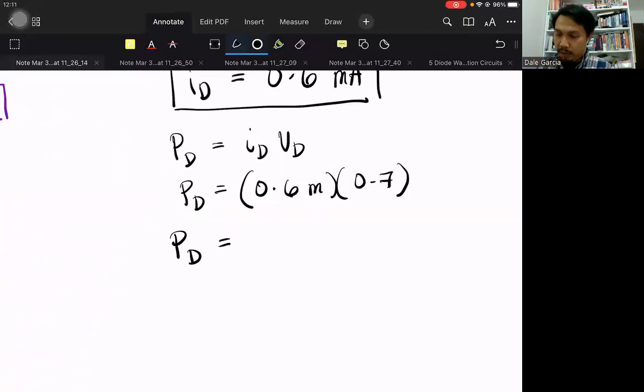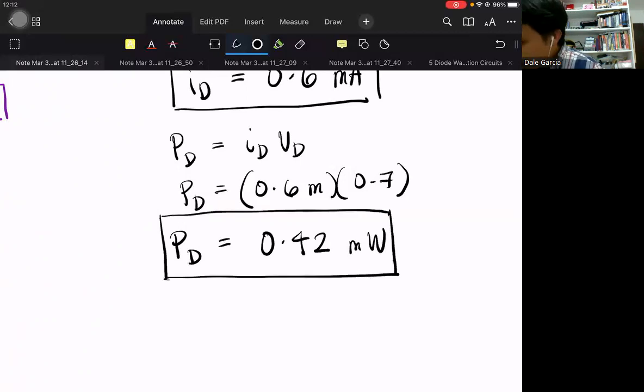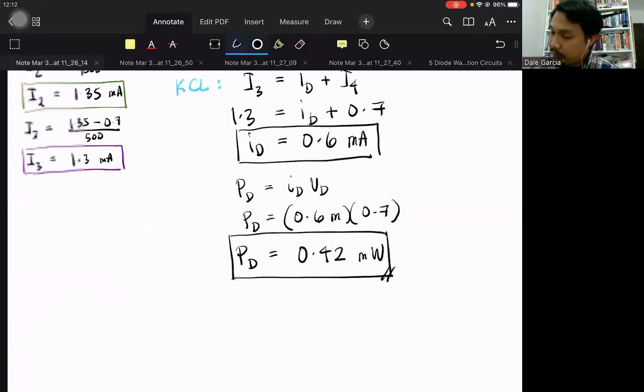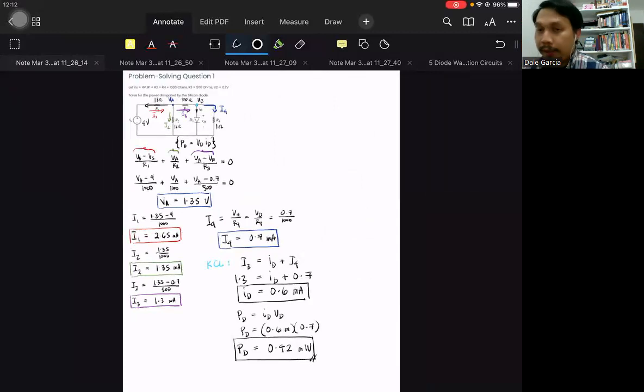Watts, 0.6 times 0.7. 0.42 milliwatts. So that's the final answer. 0.42 milliwatts. Final. 420 microwatts, no? That's it. Question number 1.